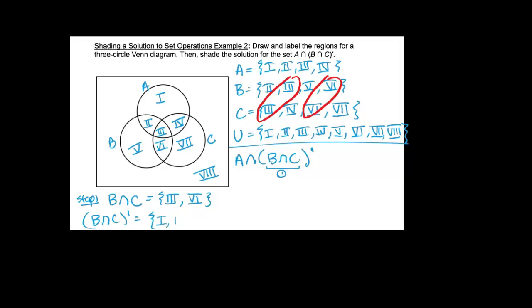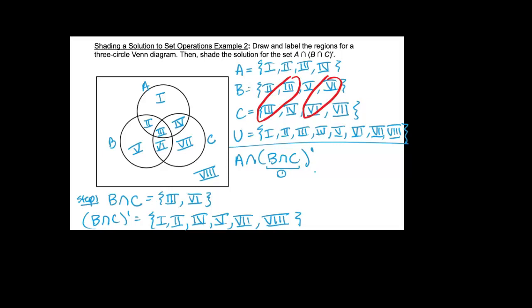So 1, 2, skip 3, 4, 5, skip 6, 7, and then 8. So all together I should have 1, 2, 3, 4, 5, 6, 7, 8. Okay, so I have 8 altogether between B intersect C and its complement, which is what I should have.